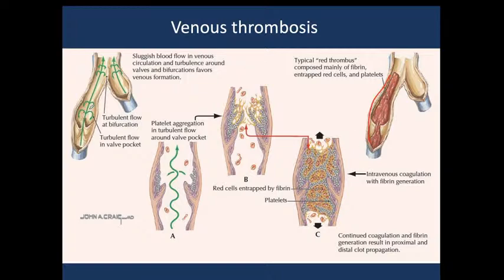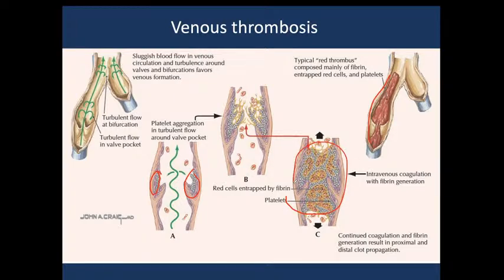Because of the turbulent flow, it happens that small erythrocyte aggregation starts in the walls, then it becomes bigger and bigger, and in the end that is a big thrombus.